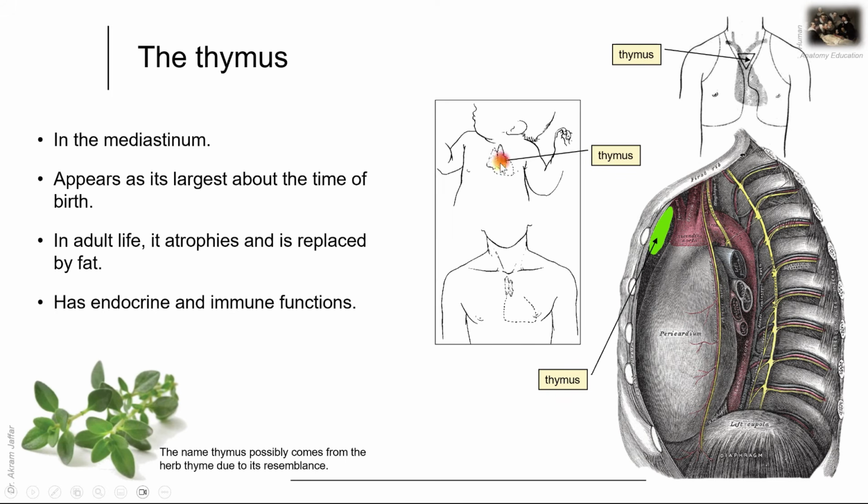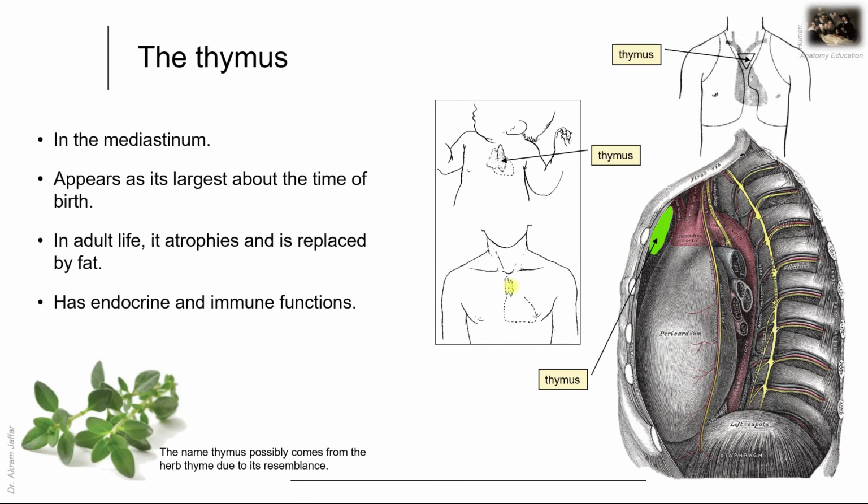You can compare between the size of the thymus of a newborn and the size of the heart here. As you can see, the thymus is very big in comparison, but in the adult, the thymus atrophies and will be gradually replaced by fatty tissue, but it is still functioning.